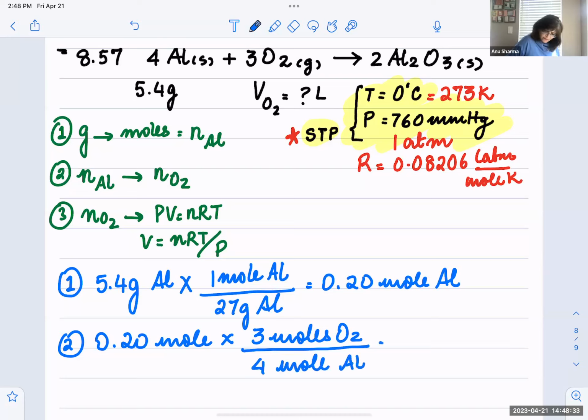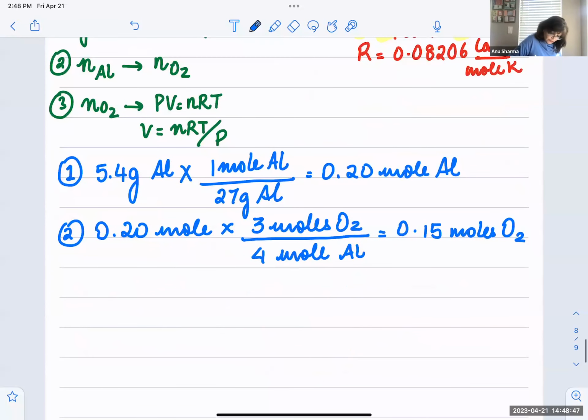So 0.2 times 3 divided by 4, and you get 0.15 moles of oxygen. Okay, now you have the moles of oxygen. Next, how can you find the volume? Plug it into PV is equal to nRT, just like in the previous questions. Here, volume is equal to nRT over P.